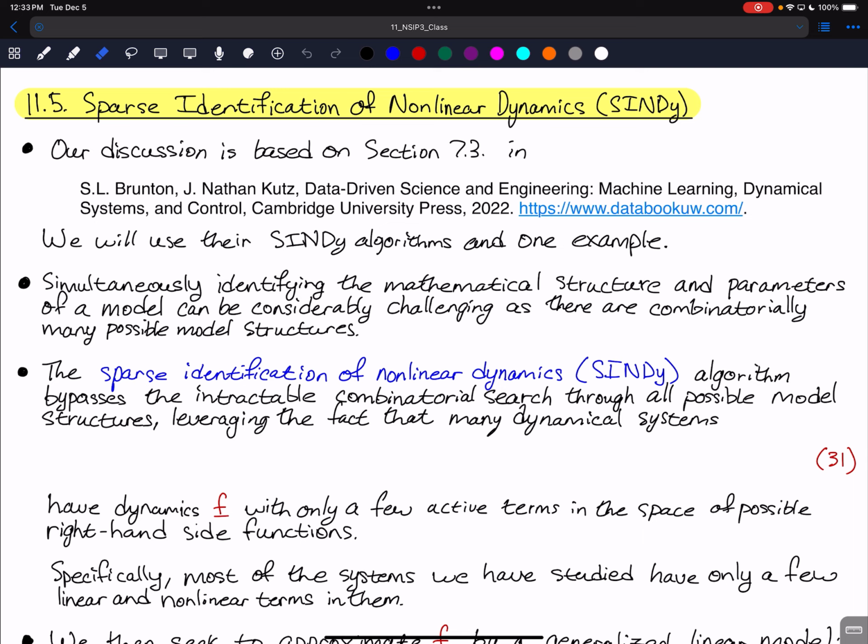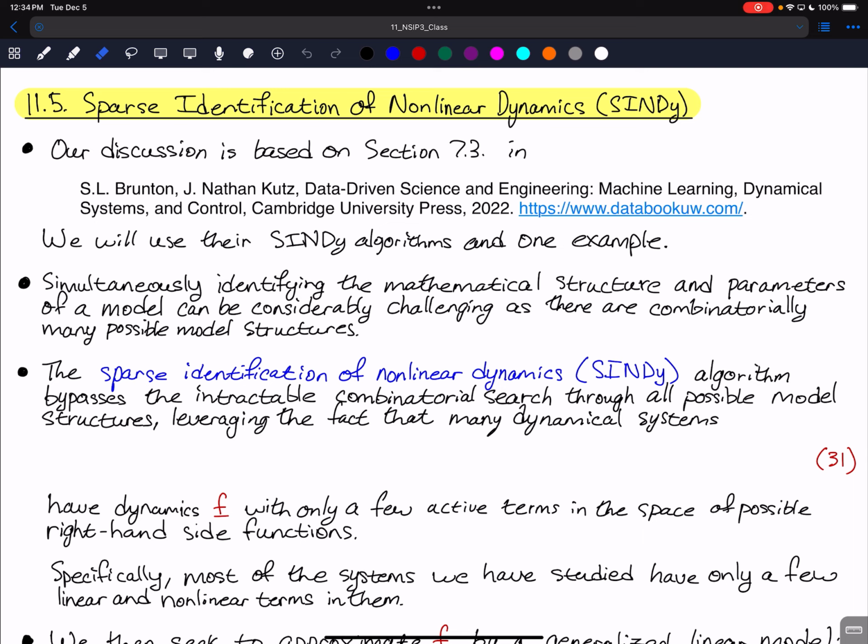So the whole idea is that trying to identify both the mathematical structure and the underlying parameter values simultaneously, or at the same time, can be very challenging, because there are many different combinations of mathematical structures that you could consider in trying to do that parameter optimization.